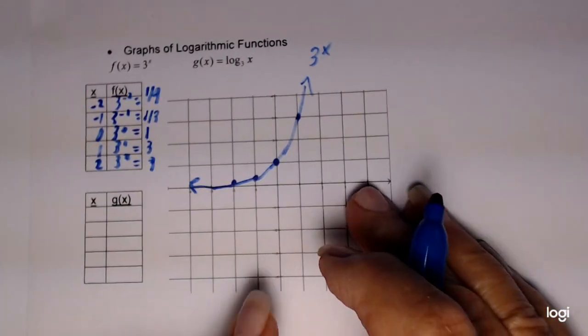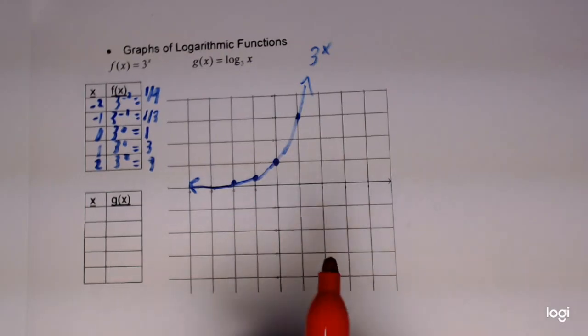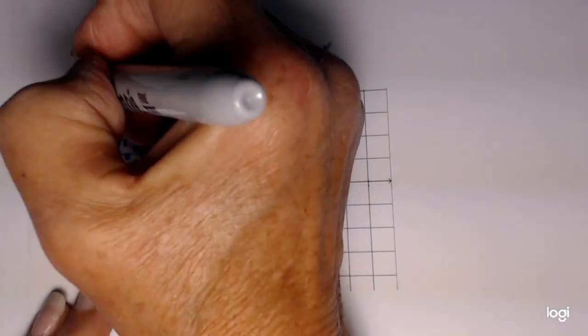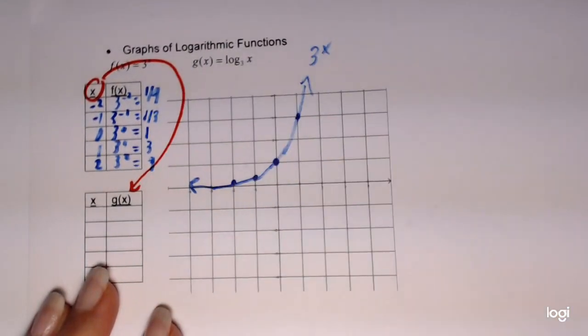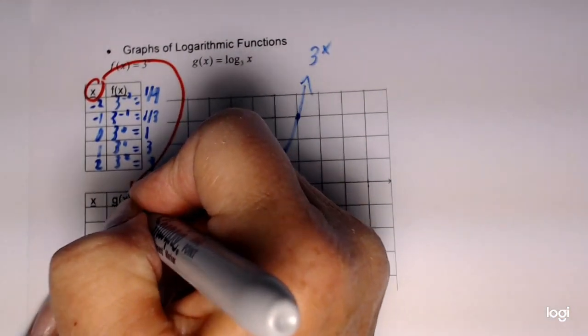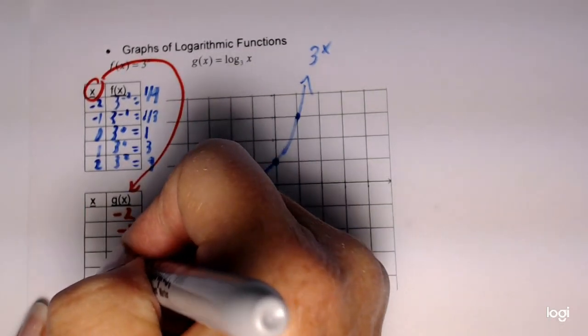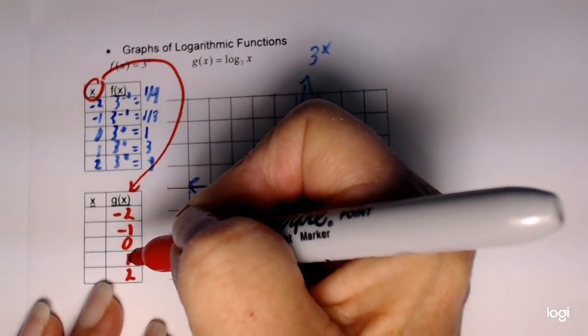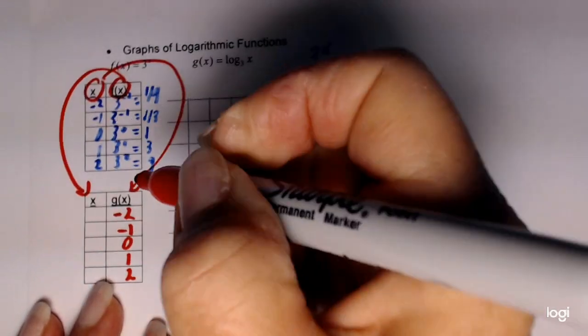So now, let's use this information to generate a table for our logarithmic function. So these x values are now going to be our y values. So we have -2, -1, 0, 1, 2. And now we have these y values that become our x values.